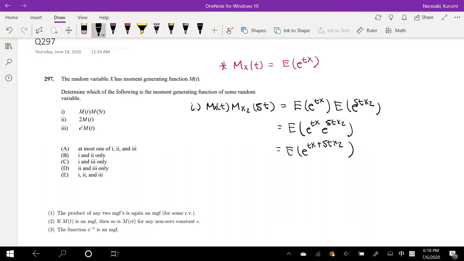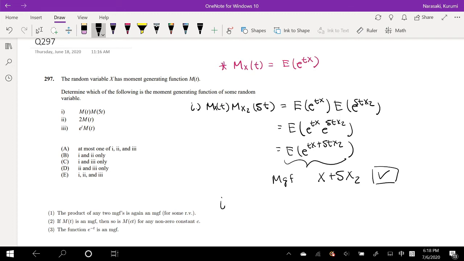Well, then we know that this is just the MGF of some random variable, X1 plus 5 X2. So we know that this is true because this is a moment generating function of some random variable.